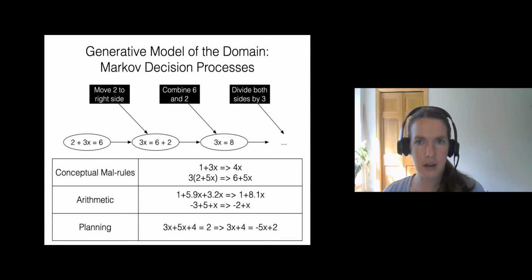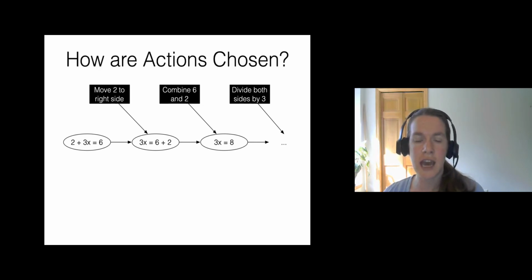To put this all together, we need some way of relating the actions the student chooses to that theta. If she's always just choosing actions completely randomly, then her actions can't tell us anything about what she understands and what she misunderstands. There are multiple ways that one can define this. The way that we've typically taken in our work is to assume that students are choosing actions noisily optimally.